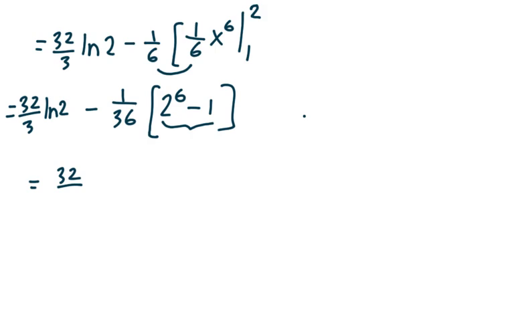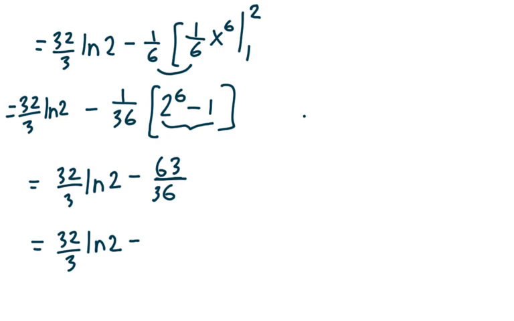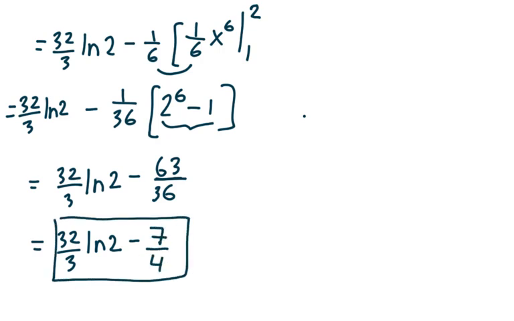So I'm going to get 32 thirds natural log of 2 minus. And then I'm going to get 63 divided by 36 here. Now, if I divide the numerator and denominator by 9, I get 32 thirds natural log of 2 minus 7 over 4. And that's how we do example 4.